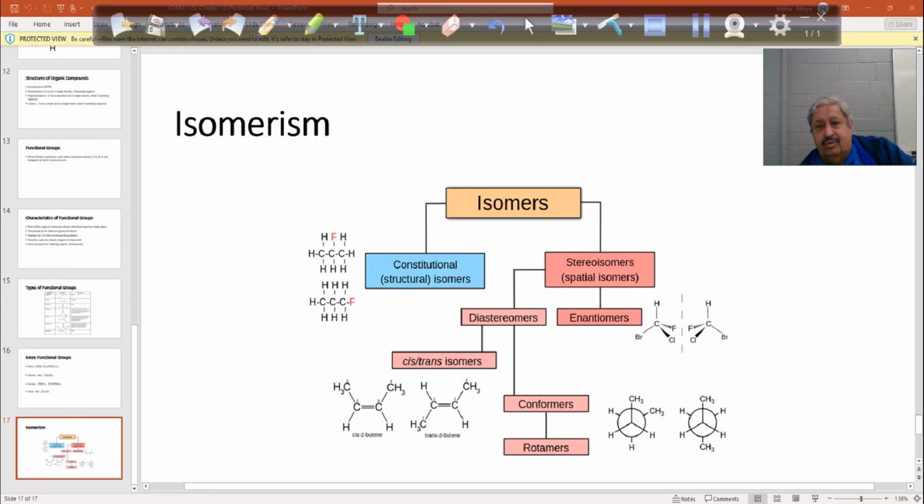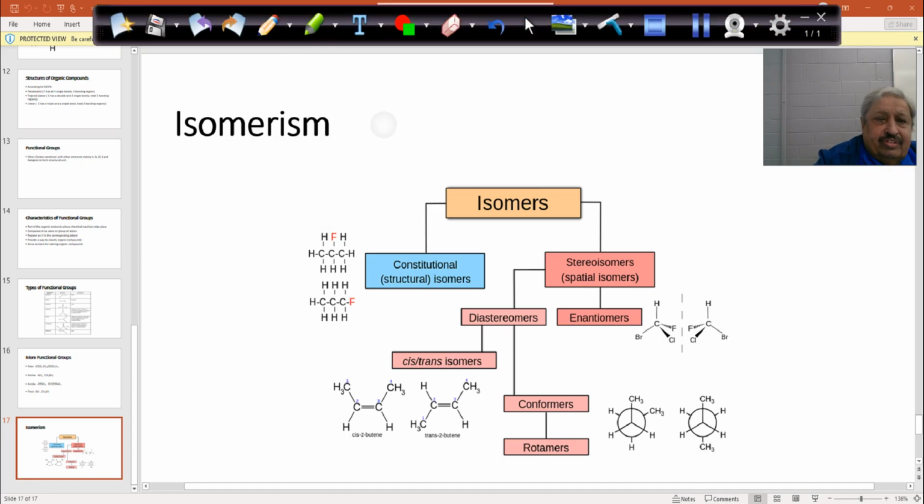That's the last chapter of chapter 10, isomers. Isomerism is a type of organic compound that has two conditions.